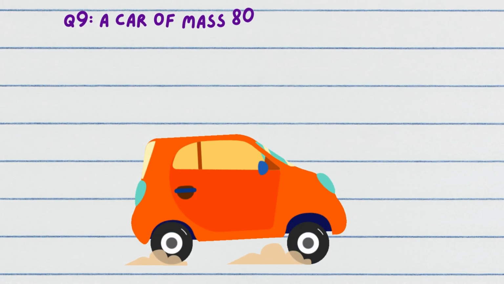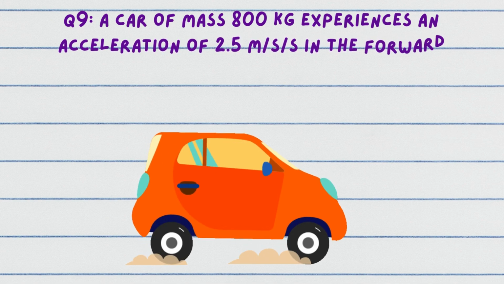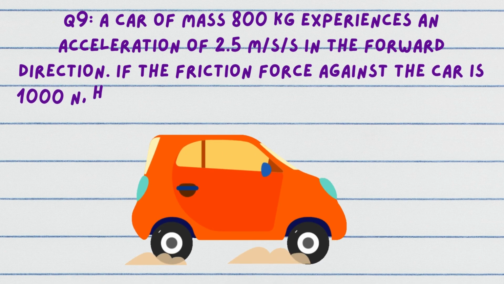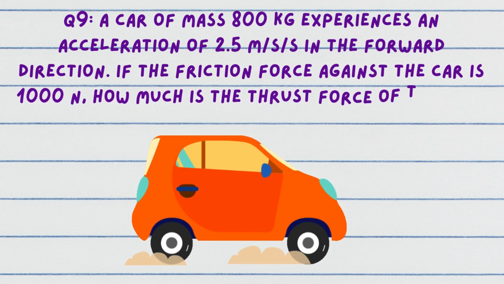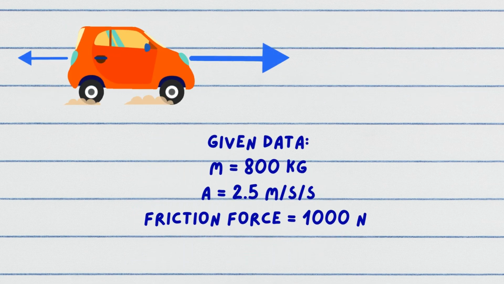Question 9. A car of mass 800 kilograms experiences an acceleration of 2.5 meters per second squared in the forward direction. If the friction force against the car is 1000 newtons, how much is the thrust force of the car? So the given data is the mass is 800 kilograms, acceleration is 2.5 meters per second squared, and the friction force is 1000 newtons.